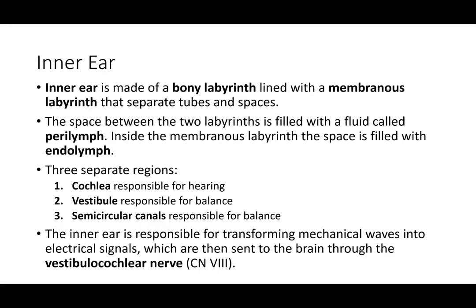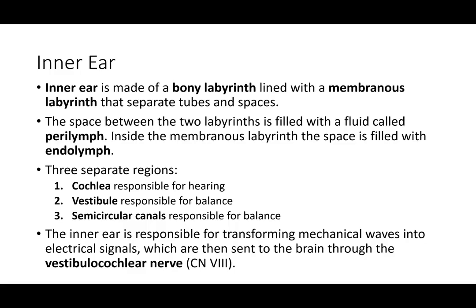The inner ear is a bony labyrinth with some membrane sections in it, separating out tubes and spaces. The space in between the bony and membranous labyrinth is filled with a fluid called perilymph, which is very similar to the lymph that we would find in the rest of our body, but it has some slight differences in its function here. This is really similar to that extracellular fluid, but we do need some of this fluid in the ear.